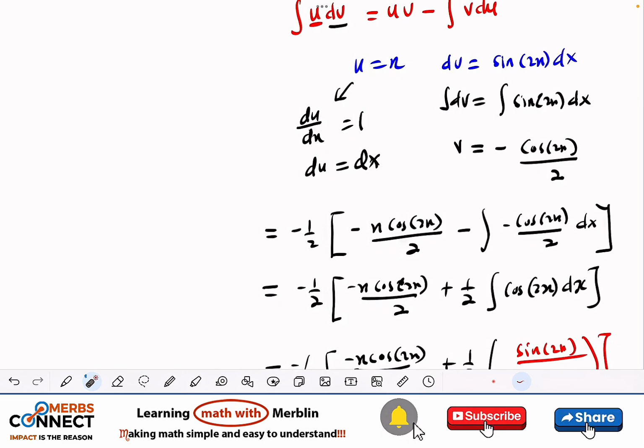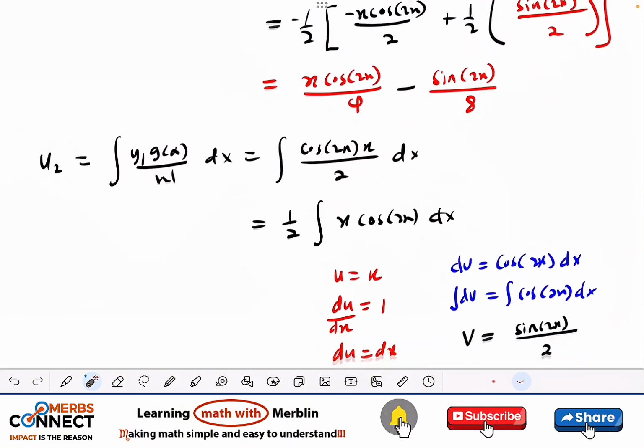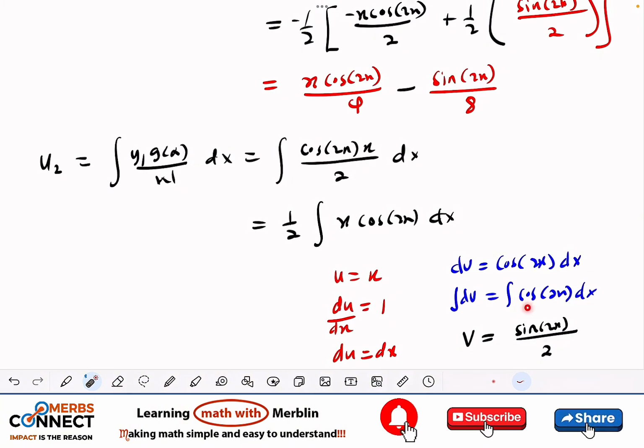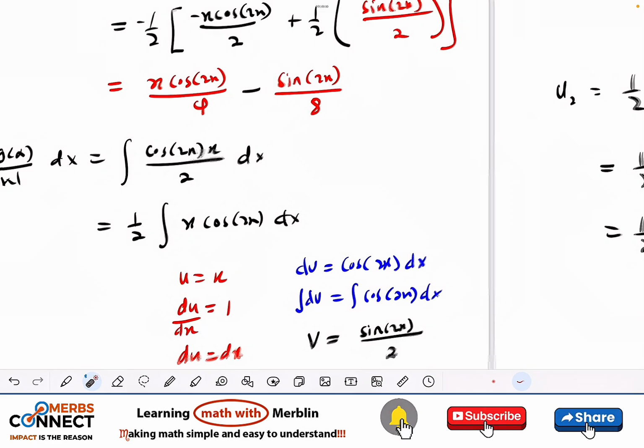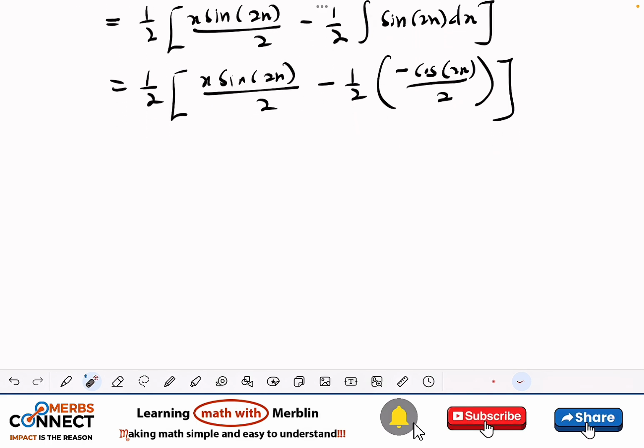But when I integrate cos, I need to get positive sine. So minus will affect this one here. Is that right? Yes. And then here, when I integrate cos, I'll get sine, and then when I integrate sine, I get minus cos. Good. Okay, we are almost there.